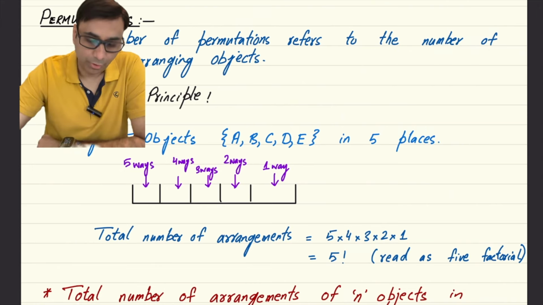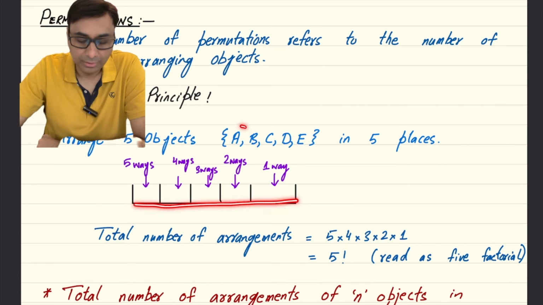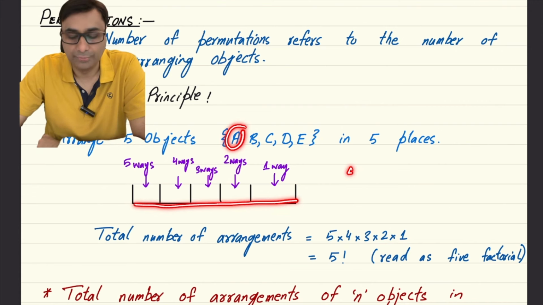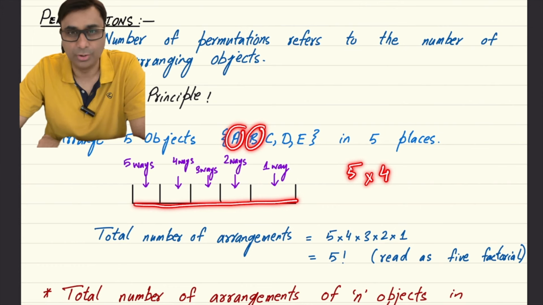The other possible way of looking at the same scenario is that you have 5 different spaces to fill in the first alphabet A. So there are 5 possible ways in which you can place the alphabet A, but once you have placed the alphabet A and you move on towards placing alphabet B, you would have only 4 options of placing it because one of the places is already occupied.